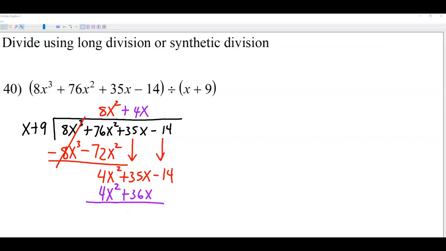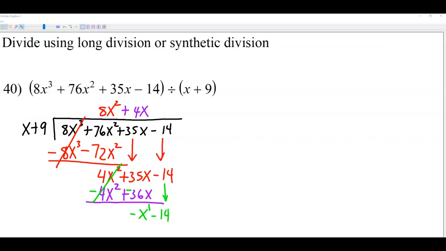Then we're going to change the signs. So this becomes a negative and this becomes a negative. These cancel out. This is a negative x, and then we bring down the 14. And as soon as we end up with a term whose power is less than the divisor's power, we stop. So it's not less than yet. They're actually equal. So I can go one more step here.